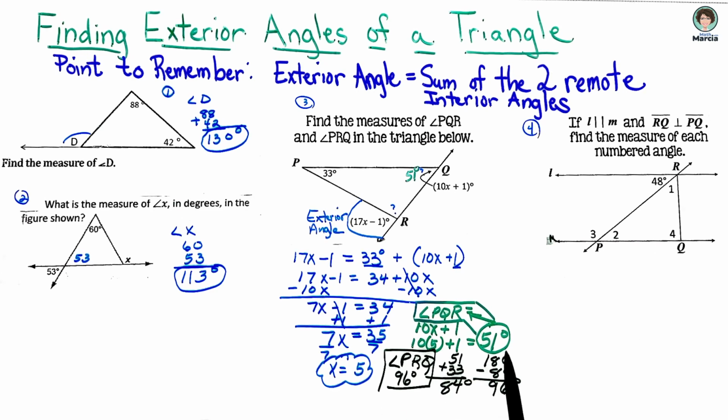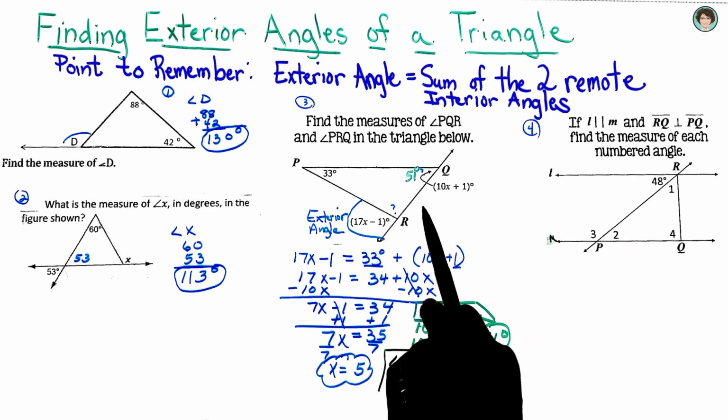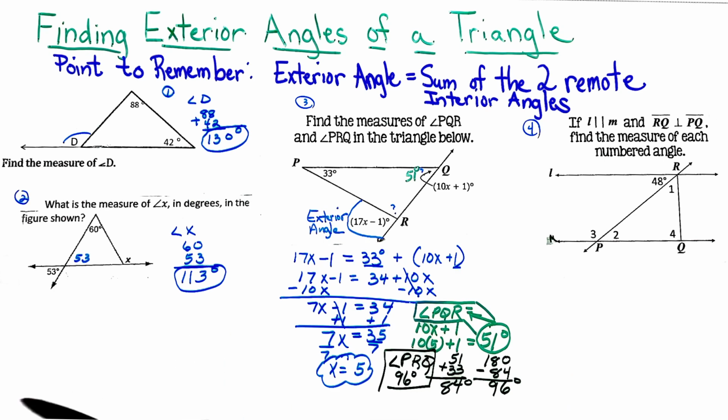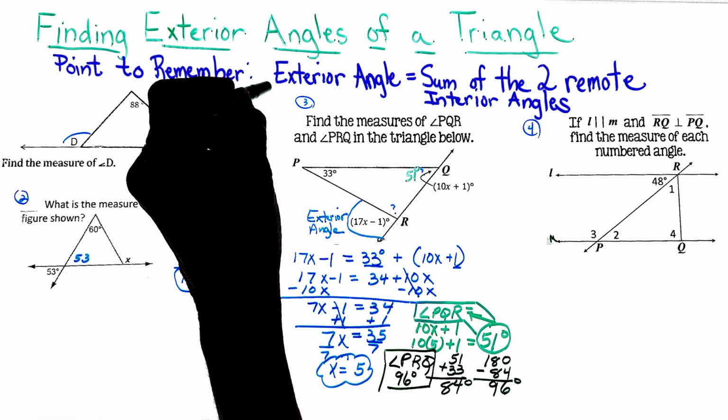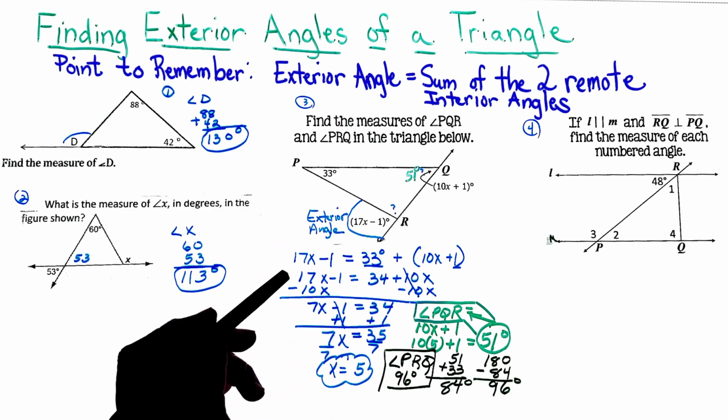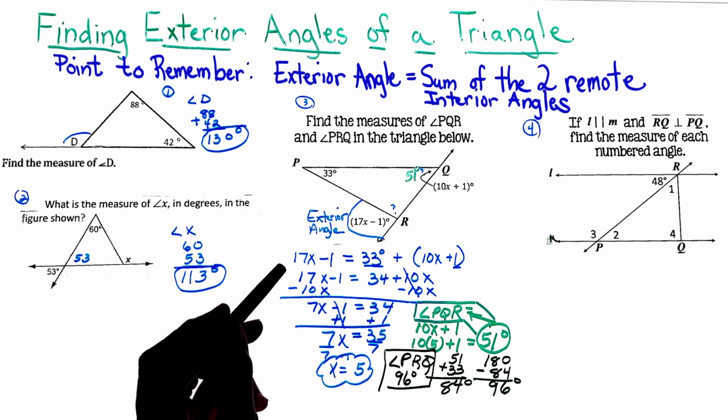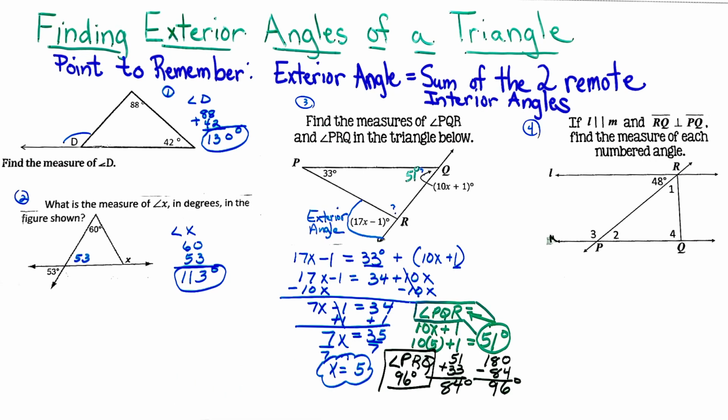We did find the two angle measurements that they wanted. We had to remember the exterior angle rule, where the sum of the two remote interiors is equal to the exterior angle, and find x first. So that one definitely was more complicated. Well, let's look at problem number 4.